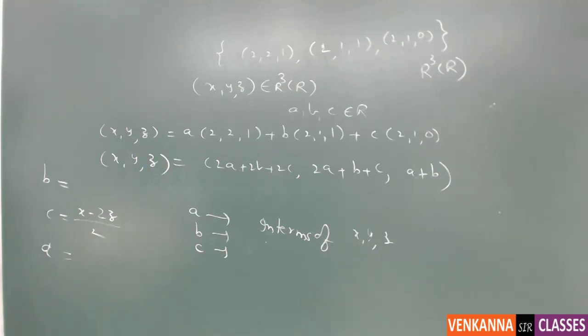Sometimes you may get some complicated values in terms of fractions, don't bother. So A is equal to (2y minus x) by 2, okay. And B is (2z minus 2y plus x) by 2.